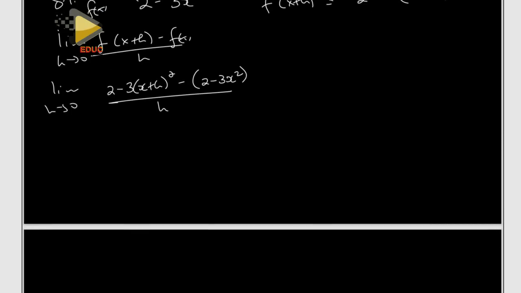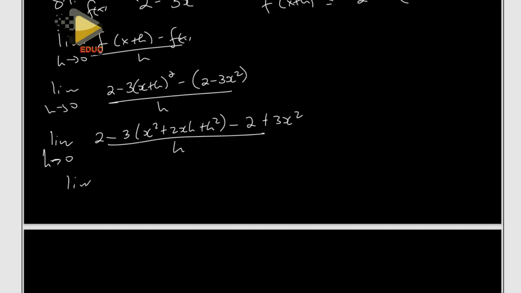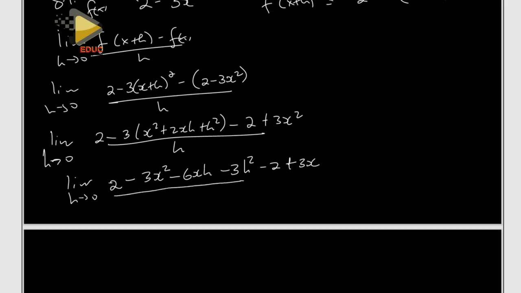Then I simplify this. The limit as h tends to 0 of 2 minus 3 times x squared plus 2xh plus h squared, minus 2 plus 3x squared, over h. The limit as h tends to 0 is going to be 2 minus 3x squared minus 6xh minus 3h squared minus 2 plus 3x squared over h.